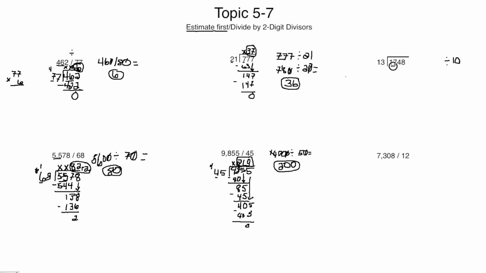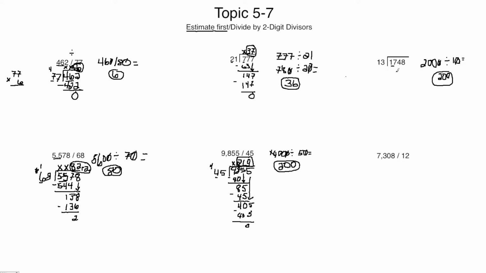Now we got to look at this and say, what can we change that to? I guess the closest one we can really do is 2,000. Cross out the zeros. 200 divided by 1 is 200. So we got another one with an estimation of 200, just like we did right here.